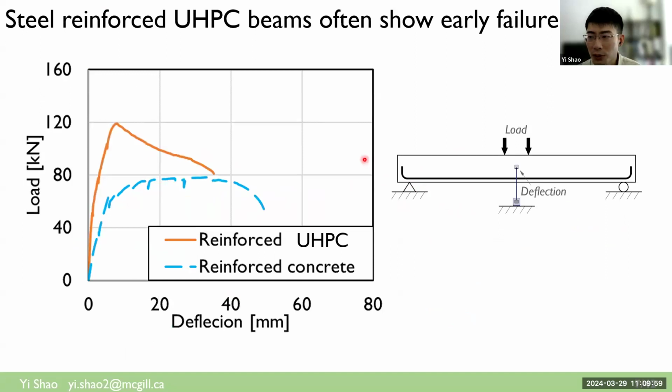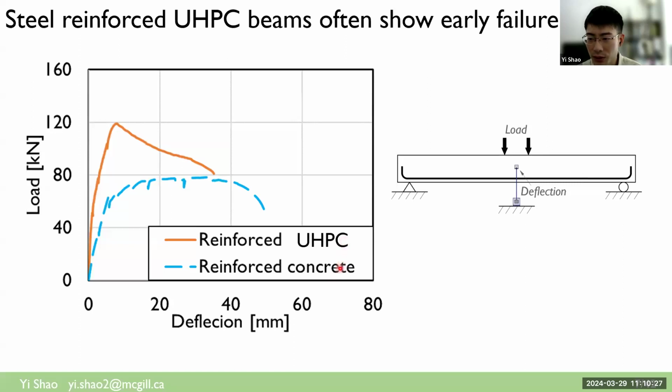So before our discussion, let's look at the load deflection curve of one typical reinforced UHPC beam and one typical reinforced traditional concrete beam. These beams are singly reinforced beams with tension reinforcing steel at the bottom, and they are simply supported. These two beams are identical in terms of the geometry, loading condition, boundary condition, as well as the reinforcing ratio.